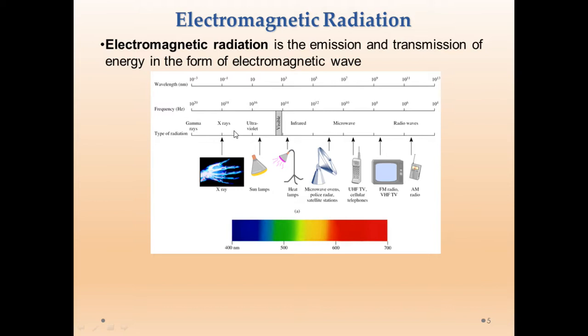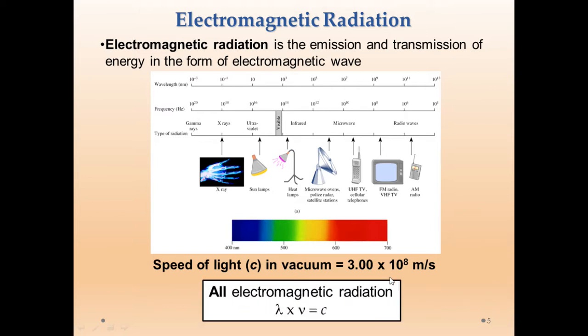From here we notice that different wavelengths correspond to different colors. This is what we call the color spectrum. Sometimes we can relate these colors to the colors of the rainbow. Different wavelengths give different colors. The speed of light is 3.0 times 10 to the power of 8 meters per second.